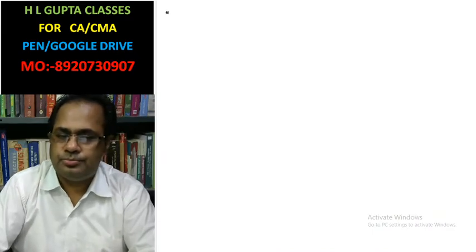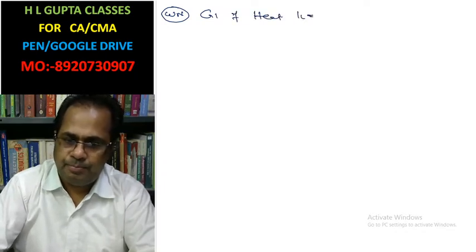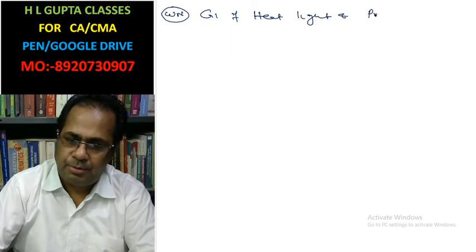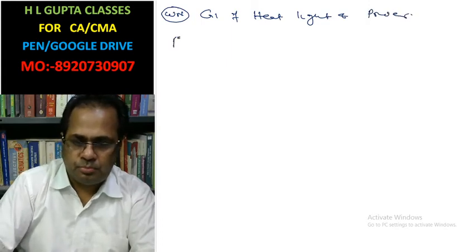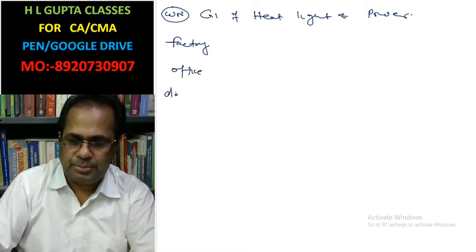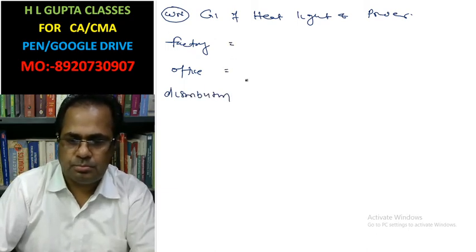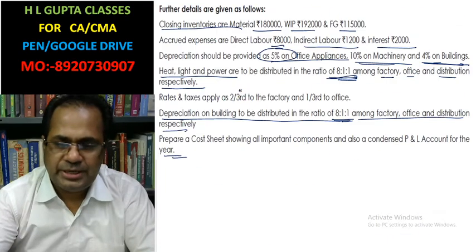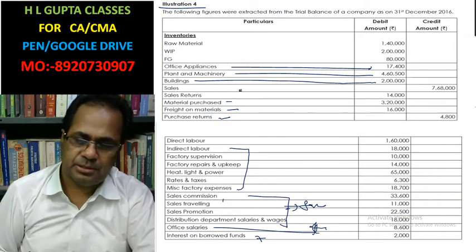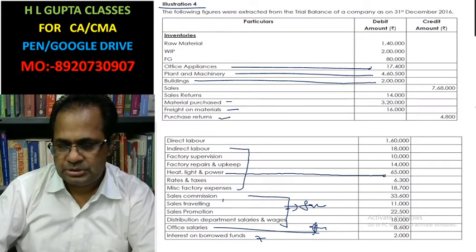Working note: calculation of heat, light and power for factory, office and distribution. Look at here. What is the heat, light and power expenditure? Here it is written heat, light and power, 65,000.